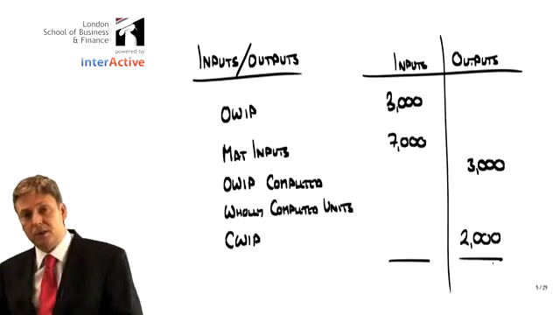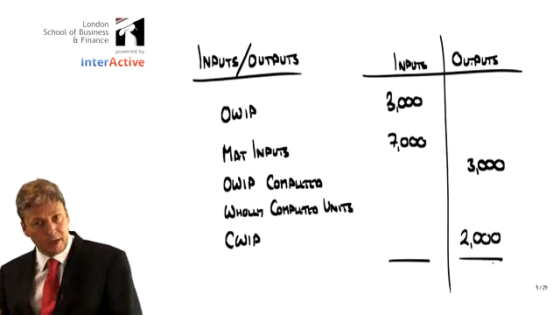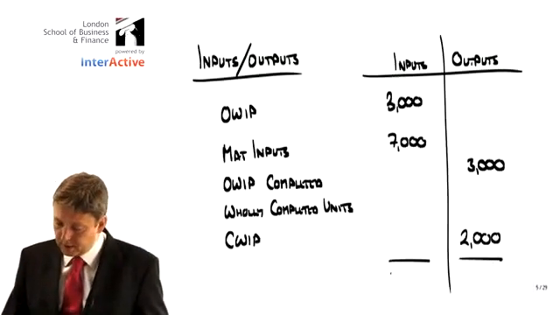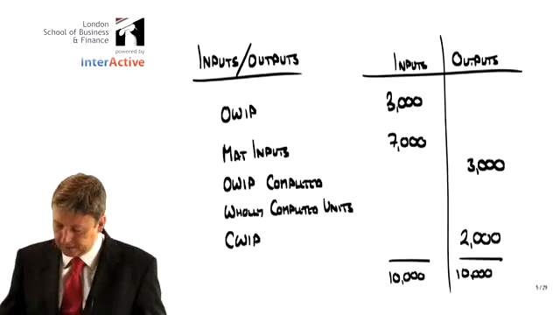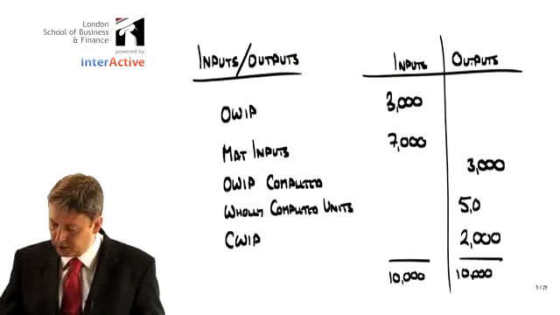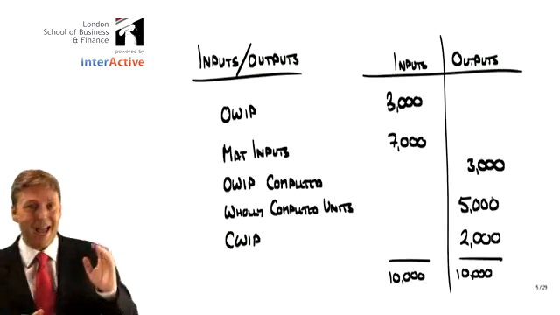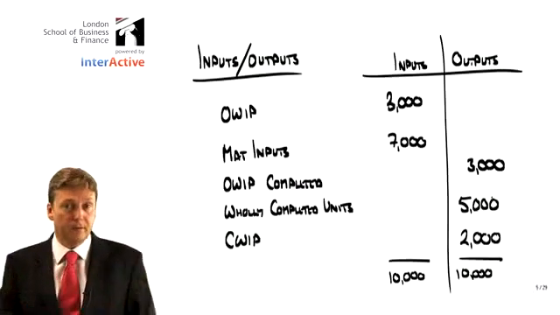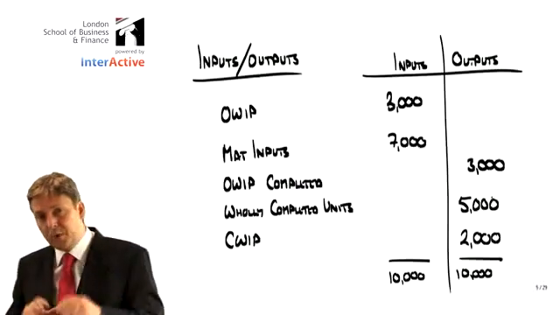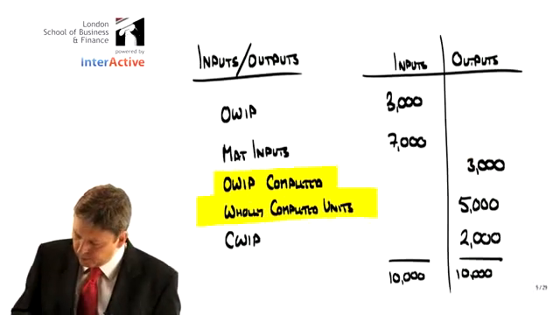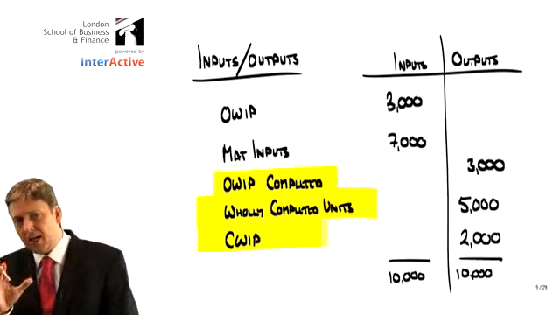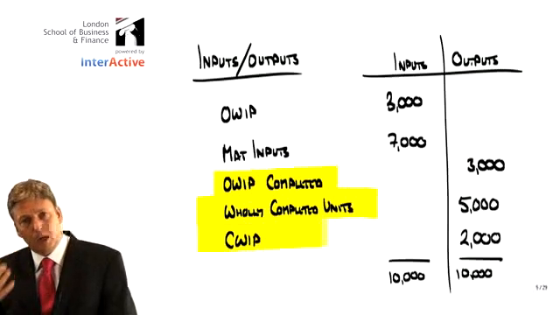We don't have any losses or anything of that nature to make life more entertaining, so all we have to do is to balance up 10,000 and 10,000. If that's the case, the wholly completed units, those units both started and finished during the period, will be 5,000. Great. So we've done the inputs and outputs. We've got a handle on what's going on. And what we're going to do is take these three components because they will form the basis of our equivalent unit computation. Let's move on.